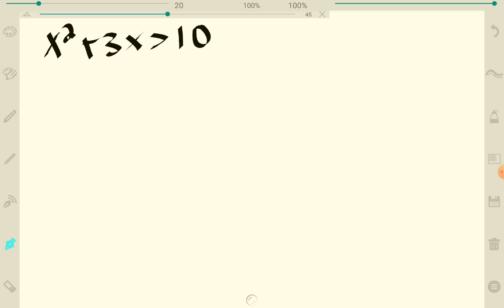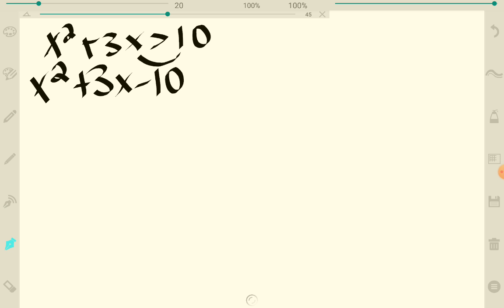To solve this, we need to get all the numbers to one side and leave one side blank. So that basically means moving the 10 to this side. So that would be x squared plus 3x minus 10 is greater than 0, because we basically subtracted 10 from both sides here. Then we basically just factor normally.